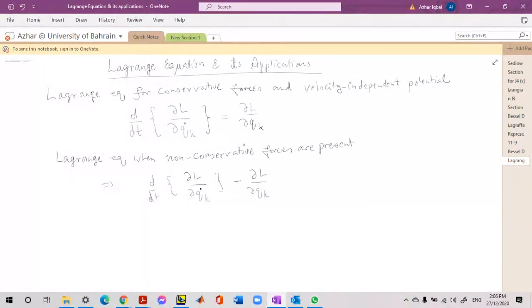so you have brought this right hand side to the left with a change of sign, and then equate it to Qk prime. What is Qk prime? It is the non-conservative, for instance, the frictional forces.